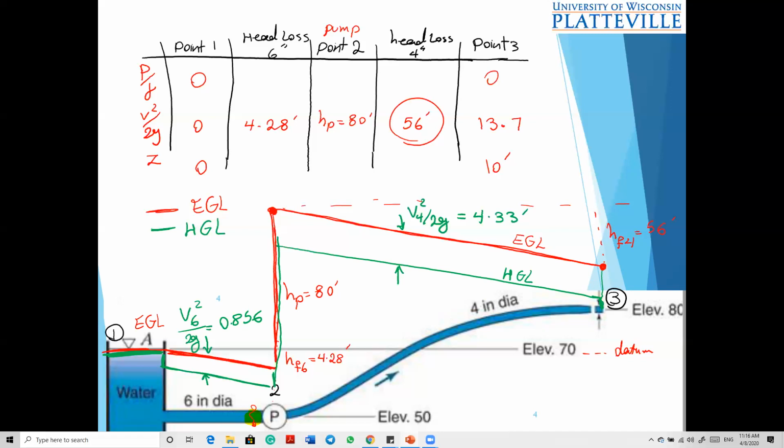Yes, always write the energy equation. What is a good point to write the energy equation? Correct. If you write the energy equation between point 1 and point 2, you can find the pressure head at point 2. Stop the video and find the pressure head on the suction side, and then calculate the power for the pump and the power for the jet.